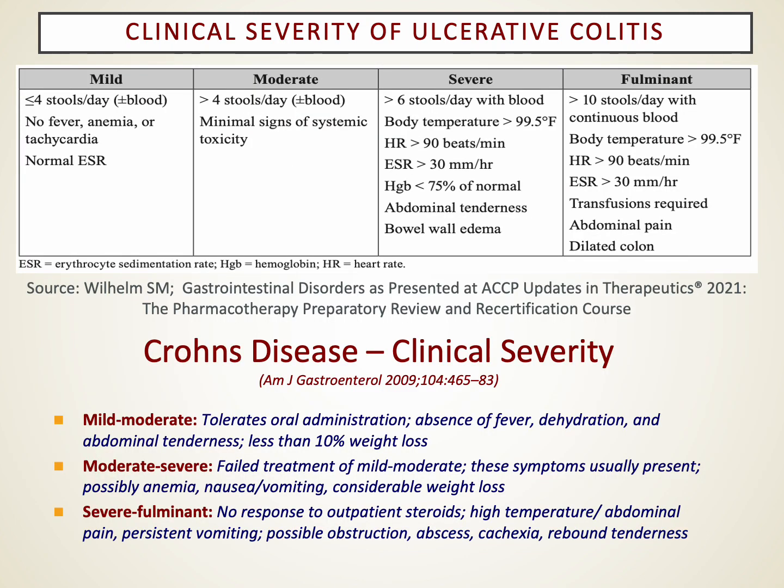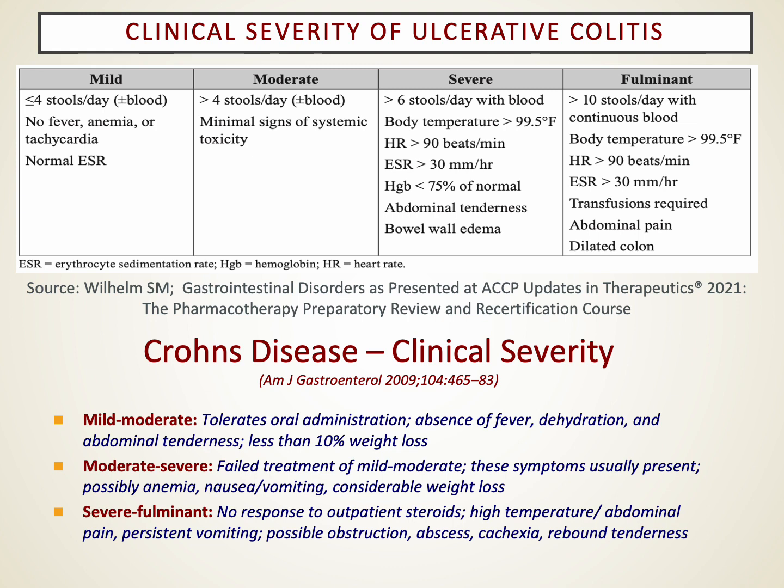The severity of ulcerative colitis is also considered based on frequency of stooling and whether or not there is blood with that stooling, and other symptoms, including often elevated heart rate, elevated sed rates, and the requirement or not of transfusion.